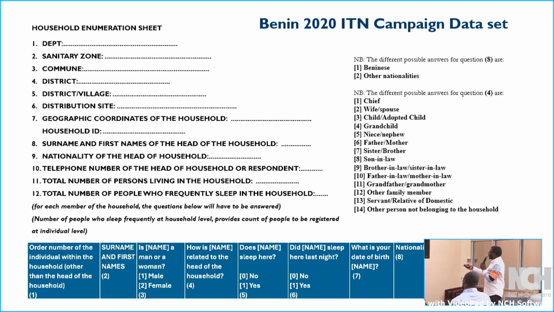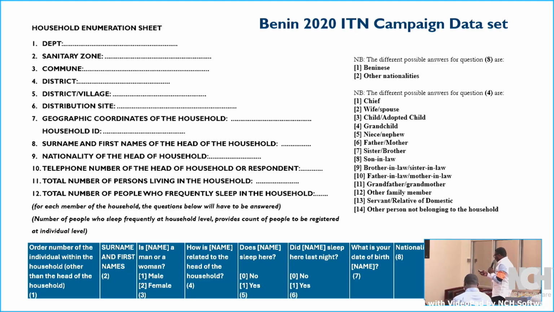And this is the set of options that were received: if it's the wife, the child, the grandchild, the niece, the father, sister, son-in-law, the house help, or if this person is even from another household, but just came to this household at the point of enumeration and was added to the database.